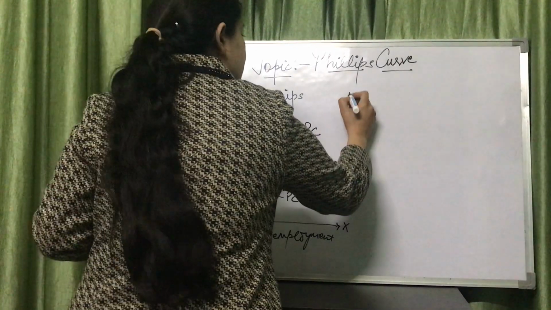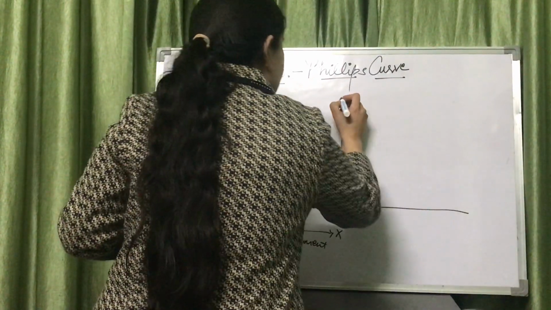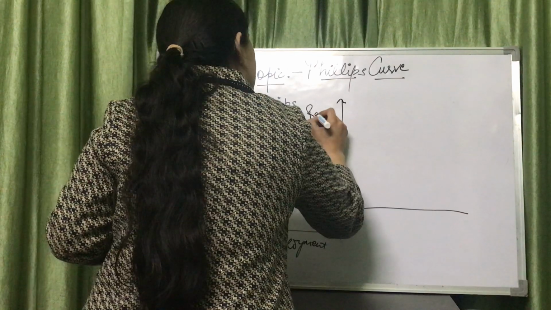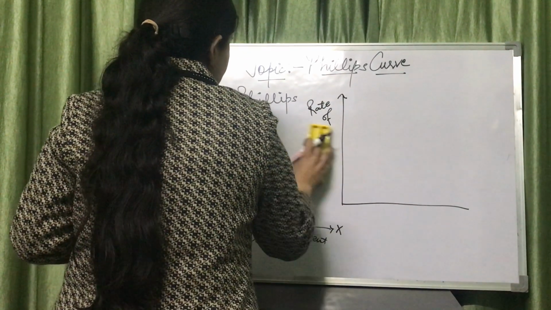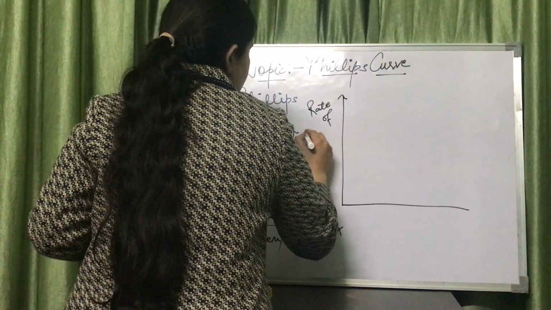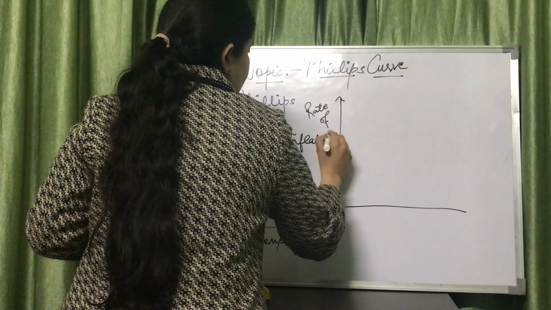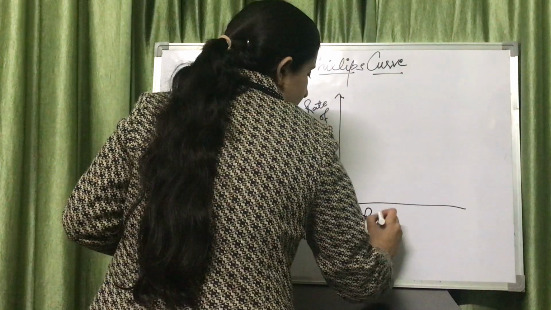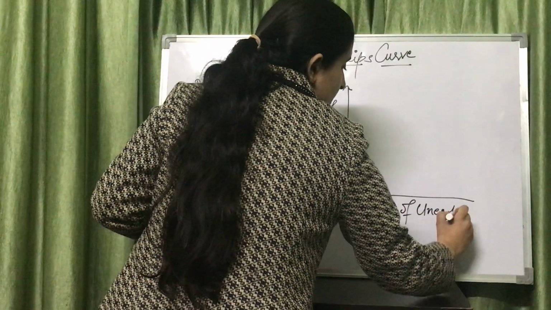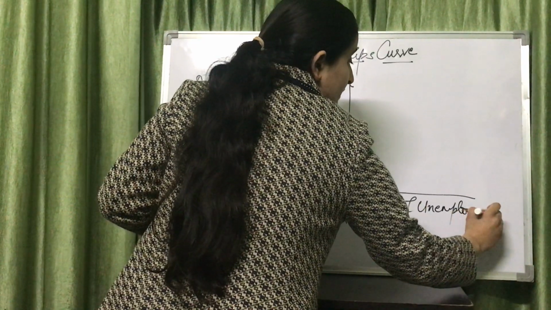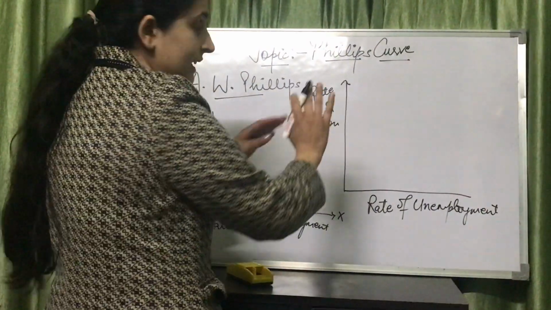How was it? Here, the rate of inflation and the rate of unemployment. They came to know that the Phillips curve was something like this.